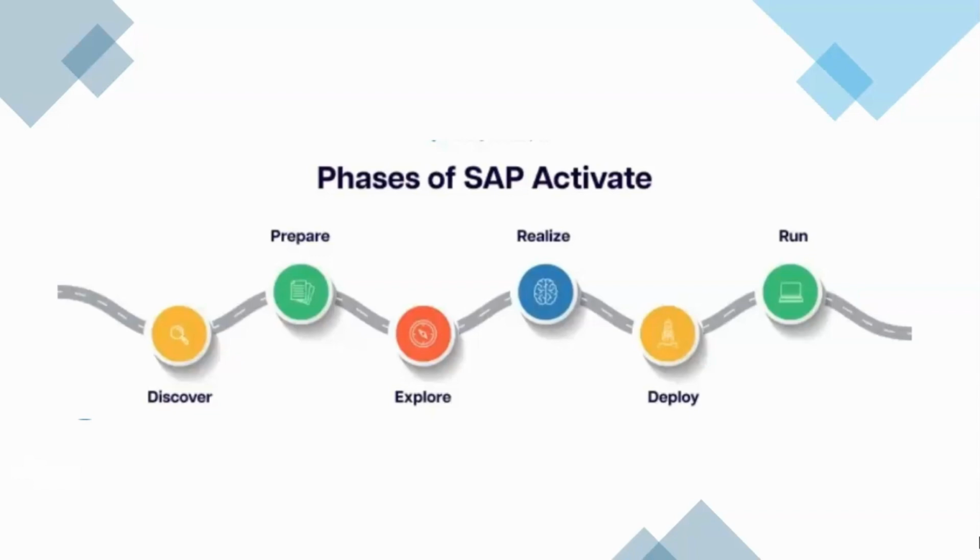You can easily remember them with abbreviations like D, P, E, R, D, R. If you remember it like "deeper, deeper, doctor," you can easily remember these phases: the D-P-E-R, and then D-R, doctor. That's my way of doing it. You can remember it in your own way.